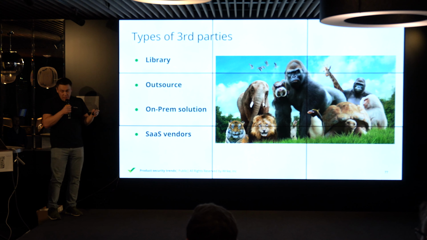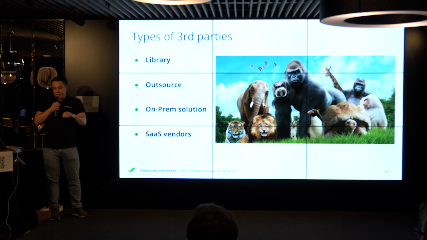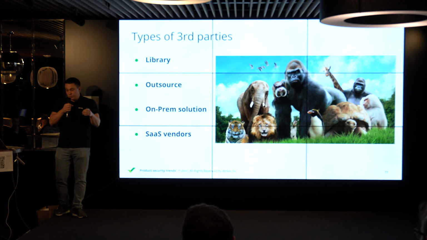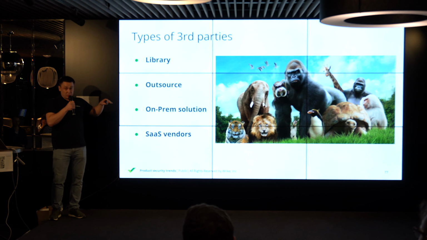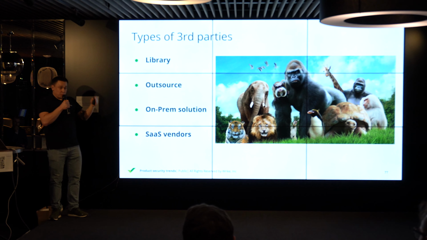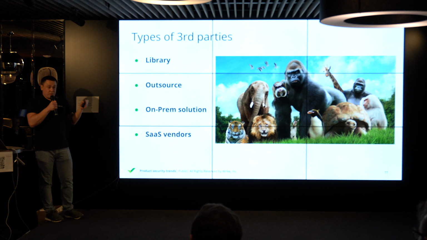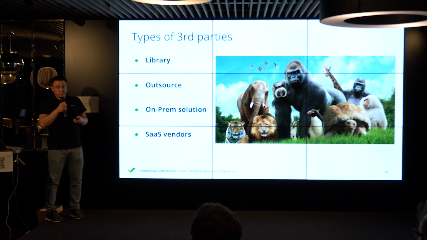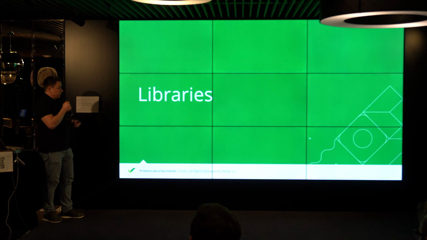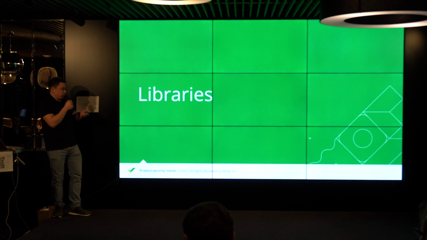So each application which has been developed for more than 3 years already has something like a zoo of all of these types of vendors. And nobody in your company, in your architecture or development teams, knows how all of these third parties work. Let's start with libraries as the common and key third-party vendors.